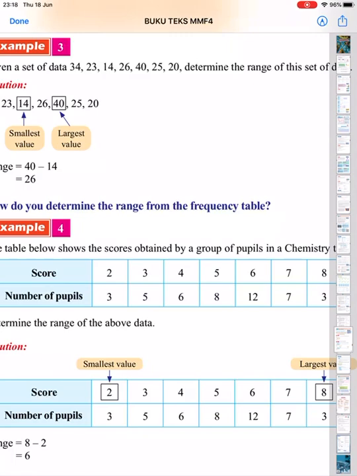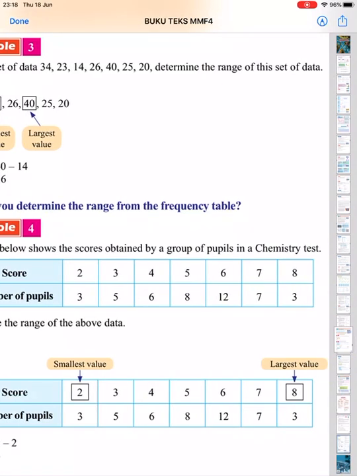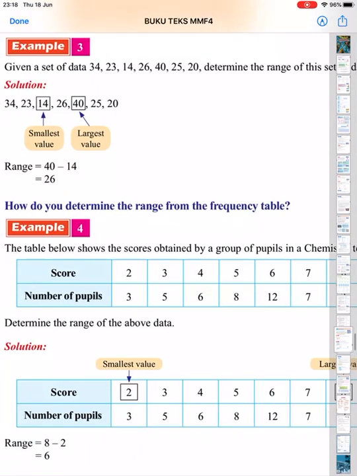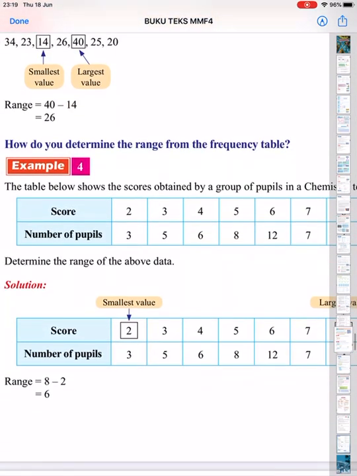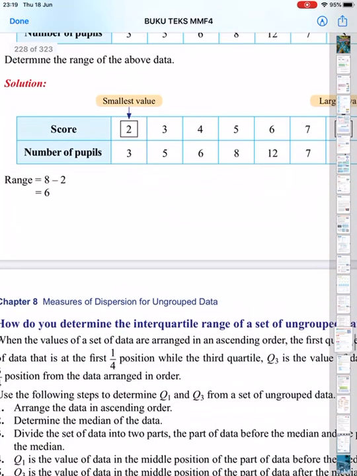So what's the largest value? The largest value is the highest score. The highest score is 8 and the lowest score is 2. So the range is 8 minus 2 equals 6. Okay, so that's how you calculate the range.